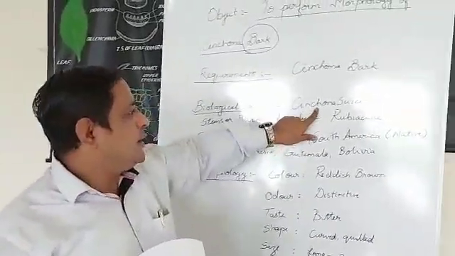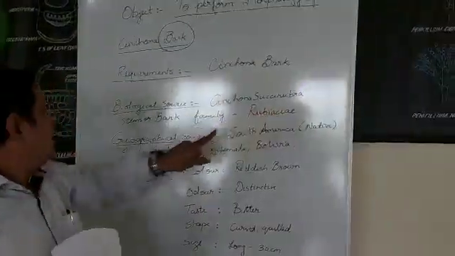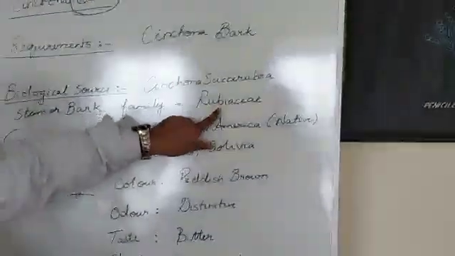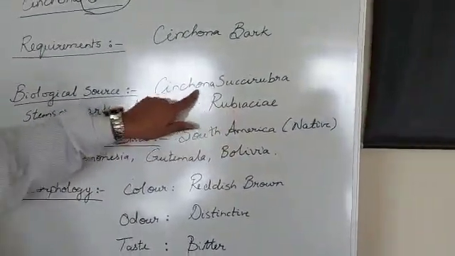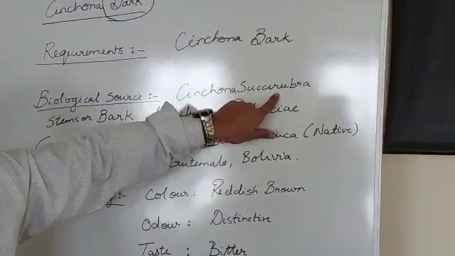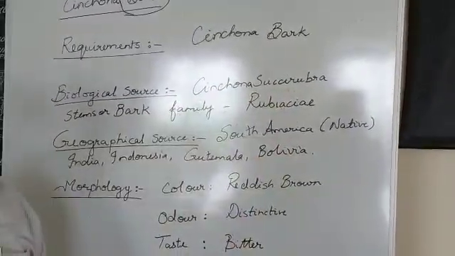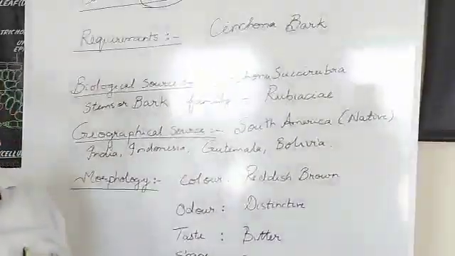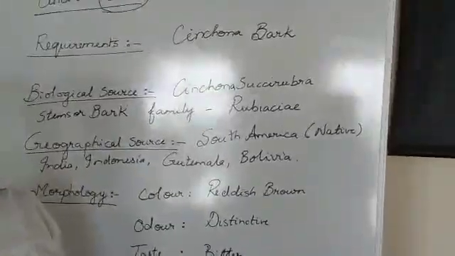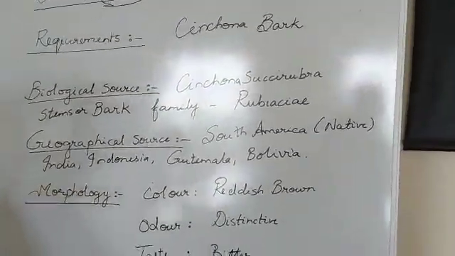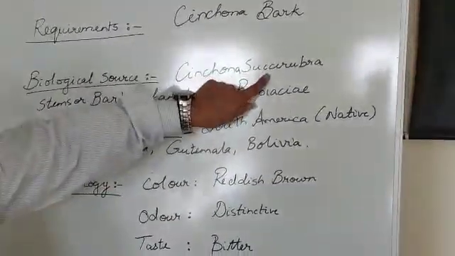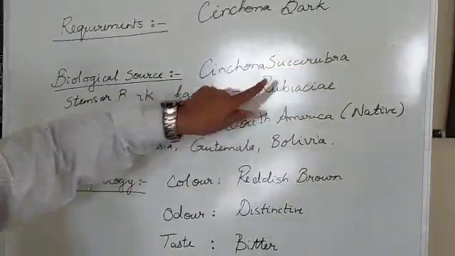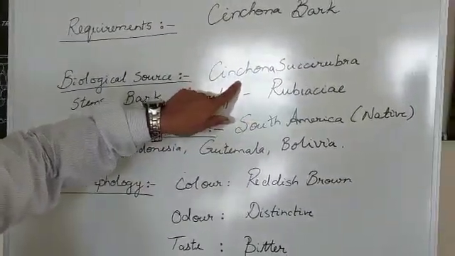Apart from this variety, there are three more varieties, namely Cinchona calisaya, Cinchona ledgeriana and Cinchona officinalis. But Cinchona succirubra is native to India. That is why we have taken this drug.